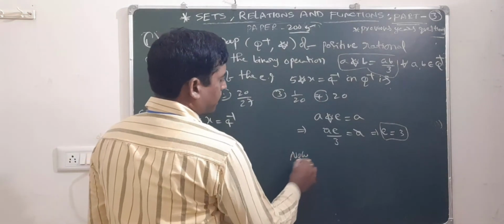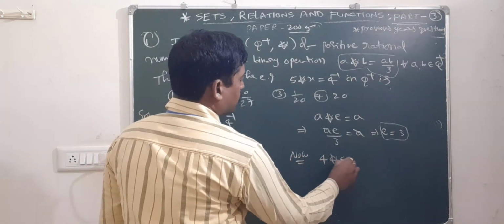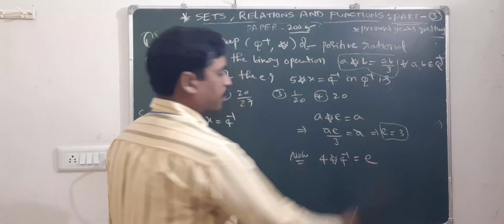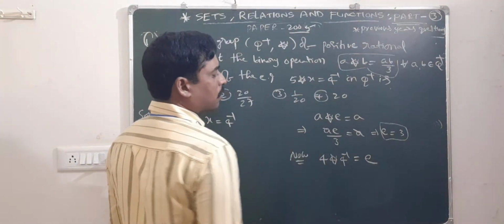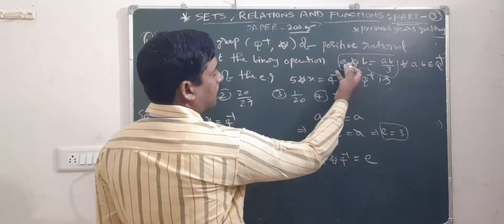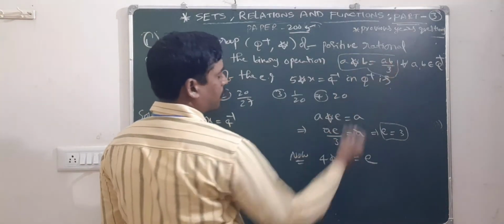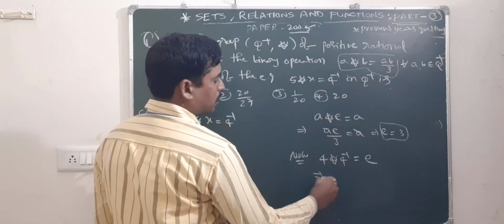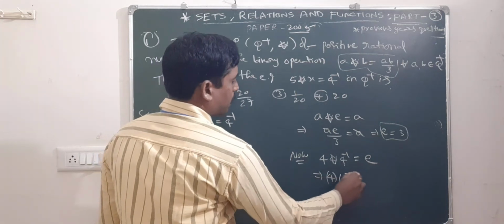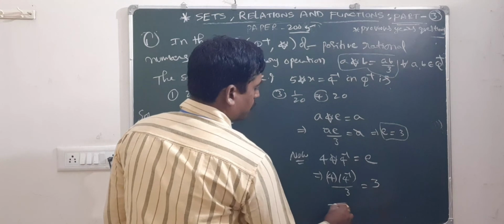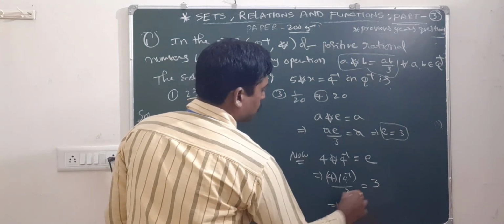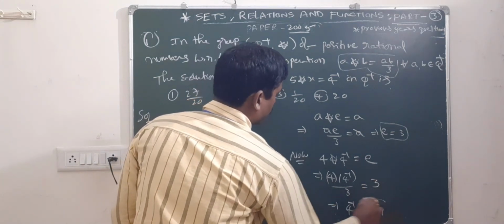Now 4 star 4 inverse is equal to the identity element e. What is defined? A star b is defined by ab by 3. So 4 star 4 inverse is 4 into 4 inverse by 3, equal to e, whose value we already got as 3. Therefore 4 inverse is equal to 9 by 4.